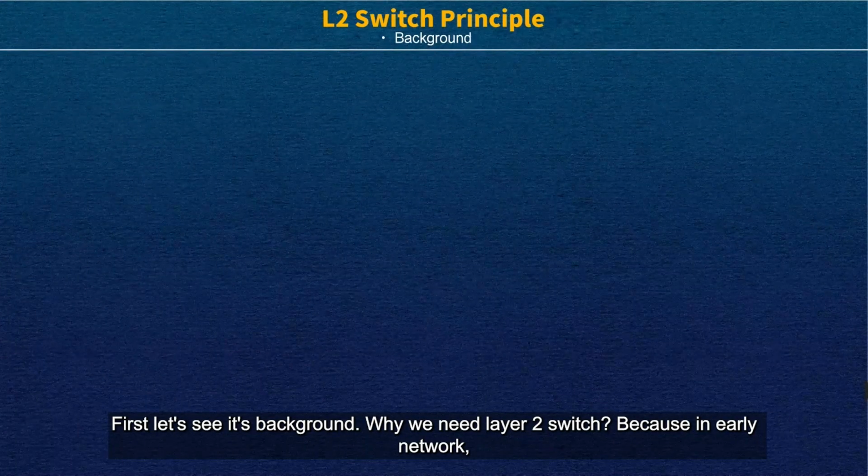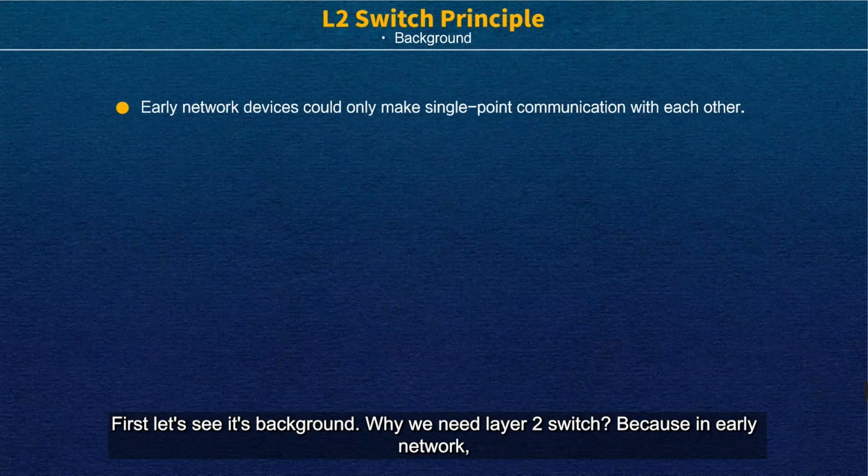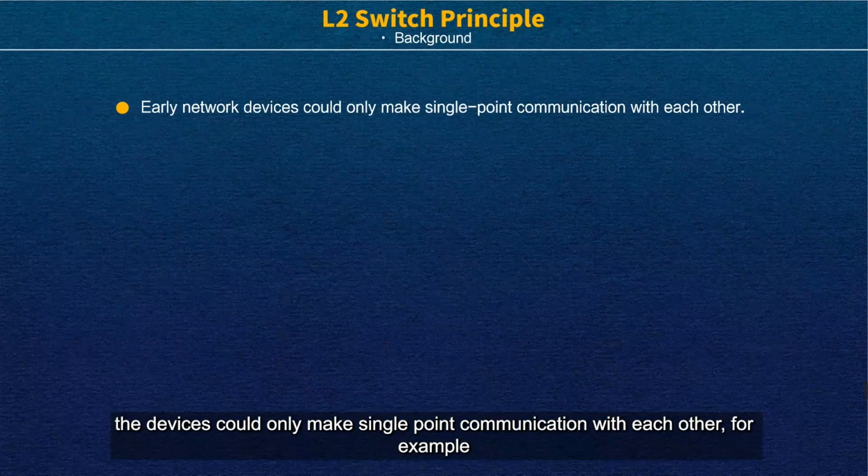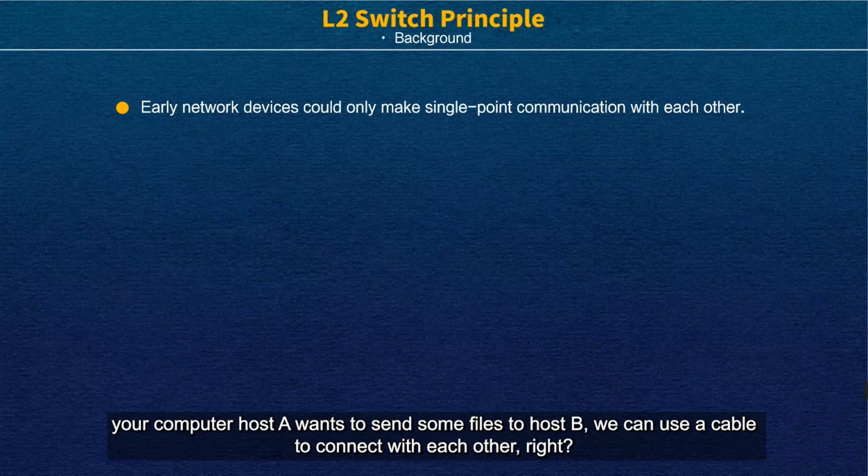First, let's see the background. Why do we need the L2 switch? Because in early networks, devices could only make single point communication with each other. For example, your computer, host A, wants to send some files to host B. We can use a cable to connect them, right?